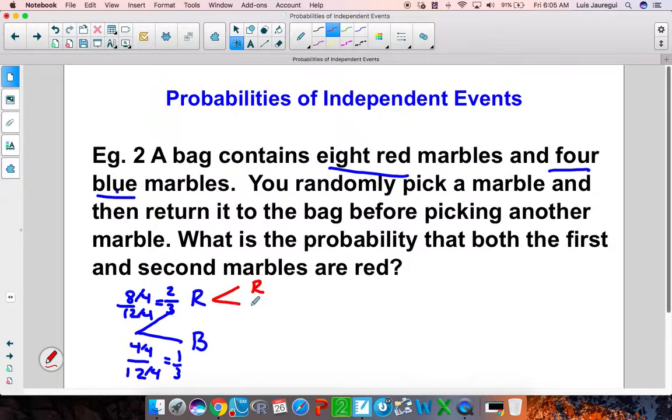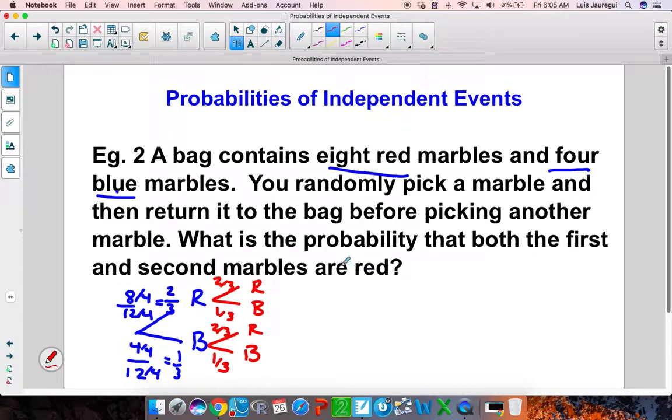So we can get red or blue, or you can get red or blue. Now, since you put the red back in the container, you still have a 2/3 probability of getting a red and a 1/3 probability of getting a blue. Again, since you put your marble back into the container, the probability of getting a red one is still 2/3, and the probability of getting a blue one is still 1/3.